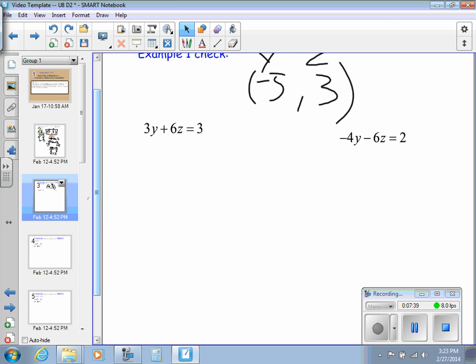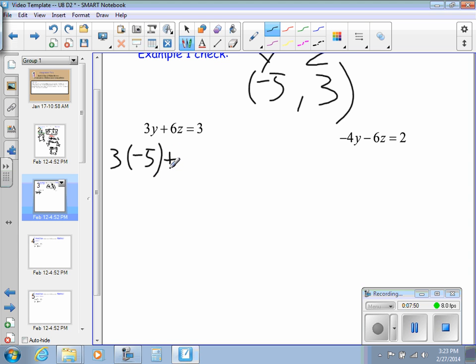Okay, so now on this side I have 3 times negative 5 plus 6 times 3 equals 3. I'm going to do the substituting on the other side, then I'm going to solve one equation and then solve the other.